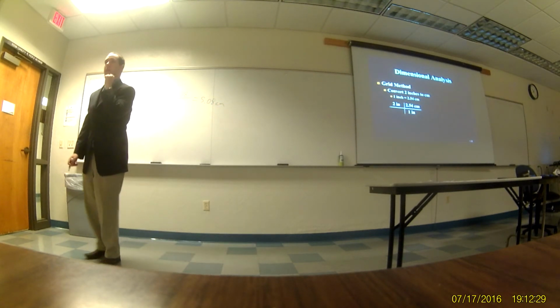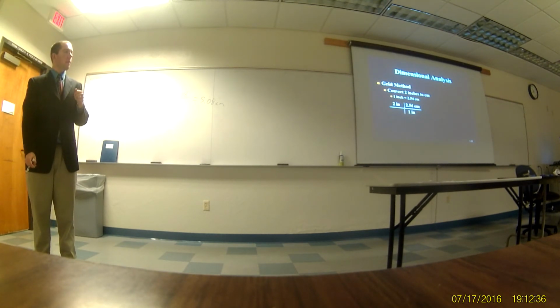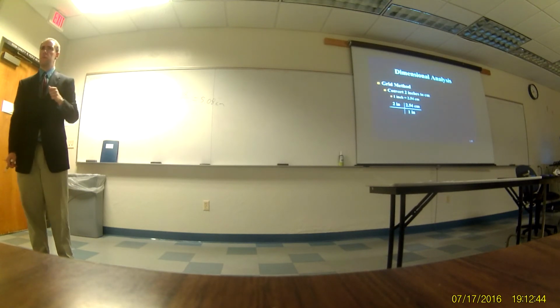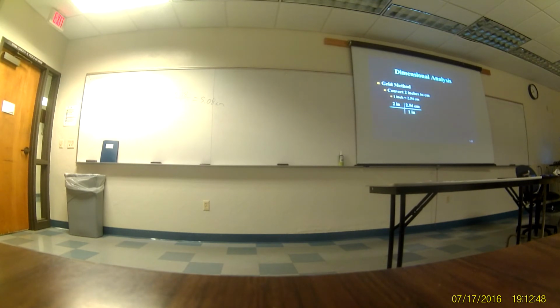Yeah. I was going to ask a question. I did it a little differently. I multiplied 2 times 1 and then divided it by 2.54 and I got the same answer. Would that always work? I don't think that did work. Can I see what you did?